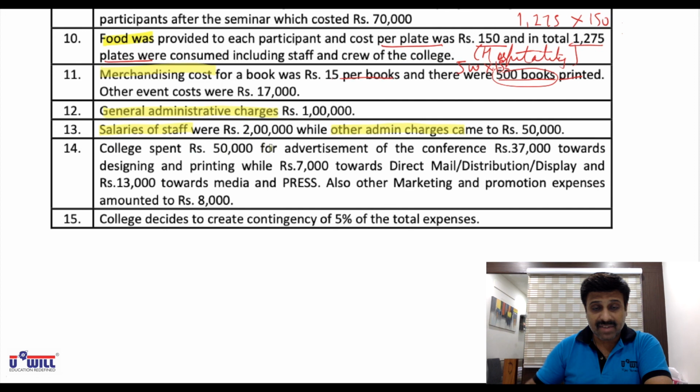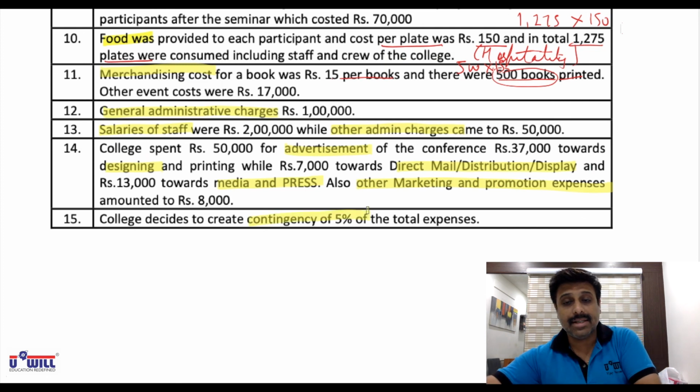Now college spent 50,000 for advertisement. So in advertisement, 37,000 towards designing will come in design print. Then 7,000 towards direct mail distribution will come in direct mail distribution. 13,000 towards media and press, so media and PR. And other marketing and promotion expenses will come in other marketing and promotion. Also, college decides to create a contingency of 5%, so that will come in contingencies.